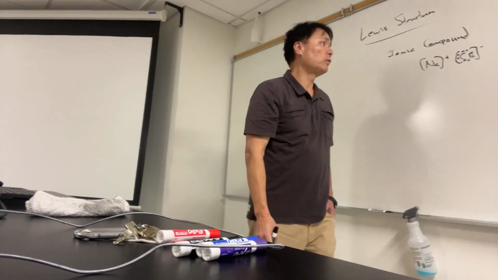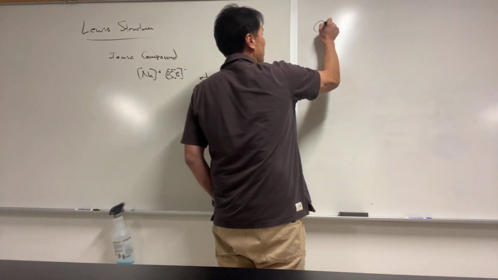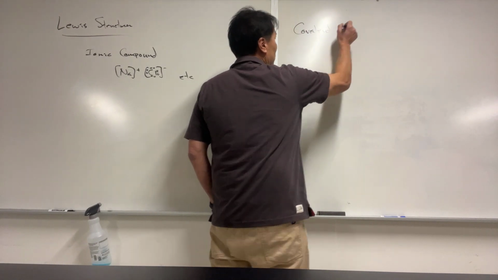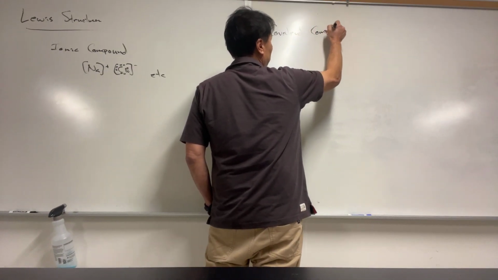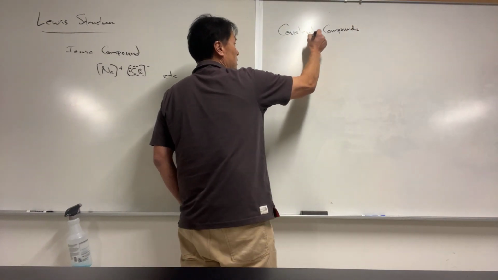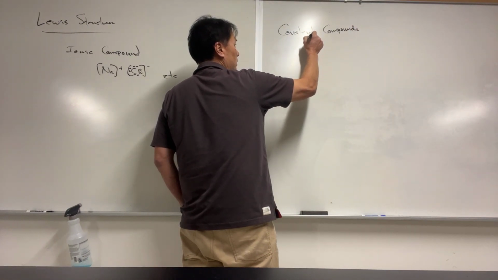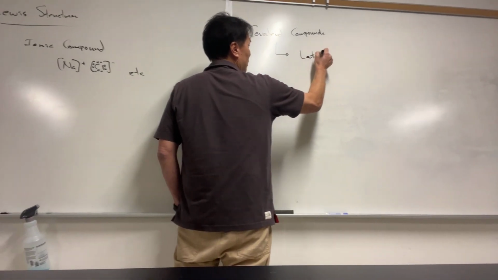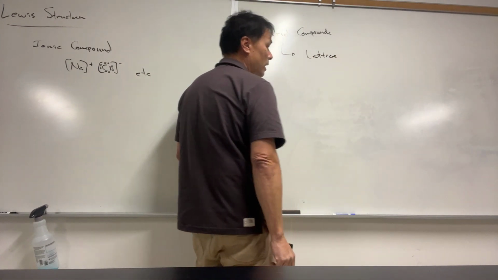But when we deal with covalent compounds, we have two types of covalent compounds that we look at. The first type would be covalent lattice compounds.